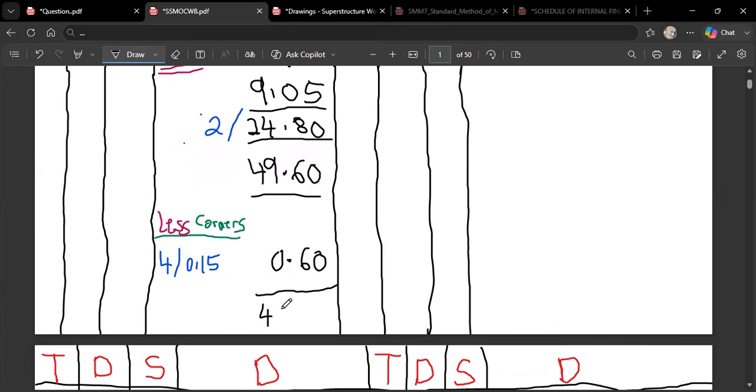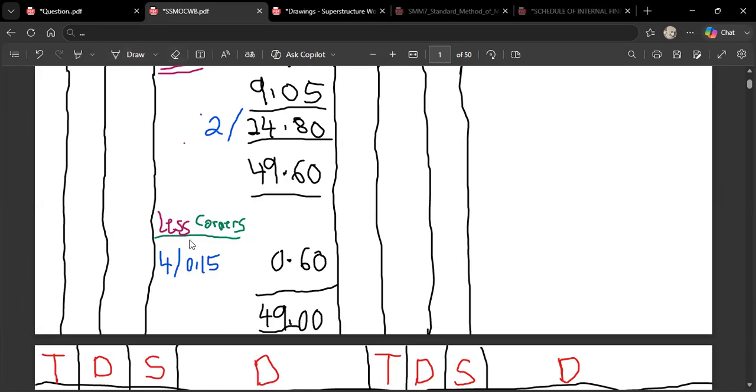49.00. Very good, as beautiful as that. So you see over here, there is no space. Since we are done calculating on this, we can just draw two lines.